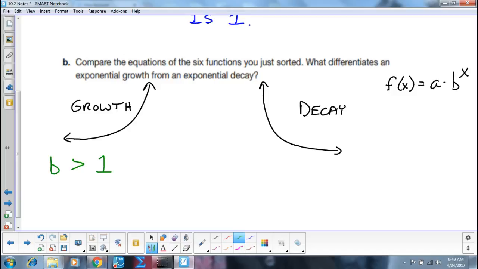Well, Ruby, the b value has to be between 0 and 1. You said x, but the b value here has to be between 0 and 1, but not equal to again. Can't be equal to 0, can't be equal to 1. Wink, wink, nudge, nudge.